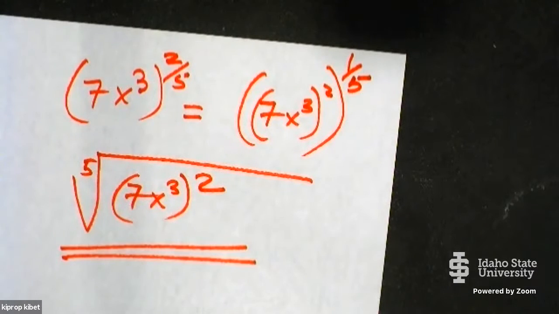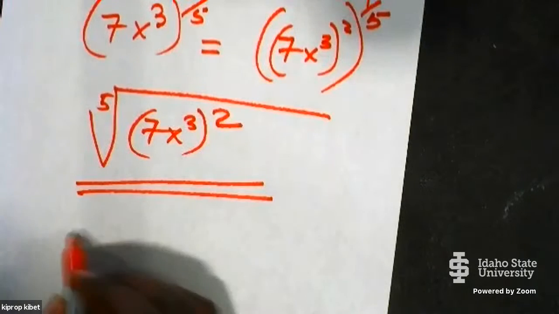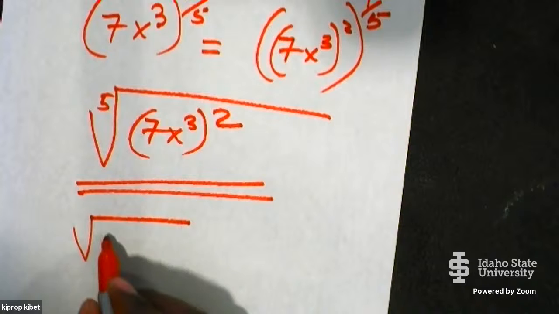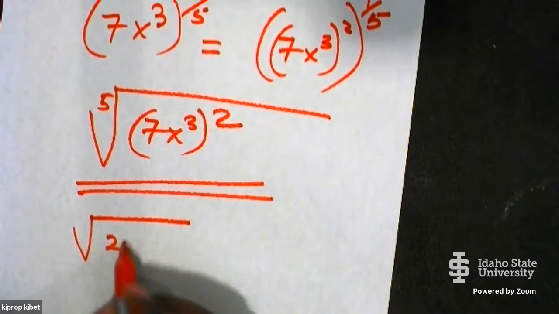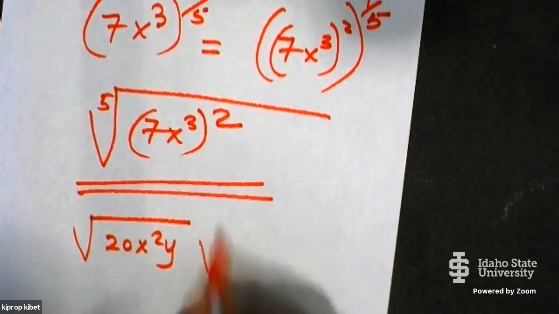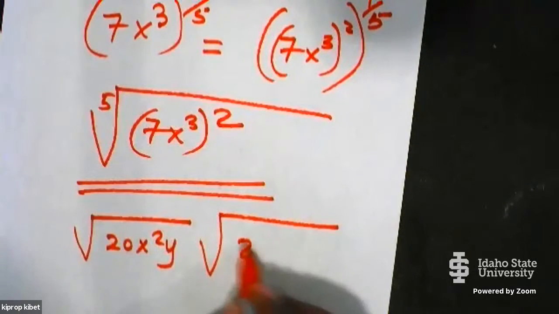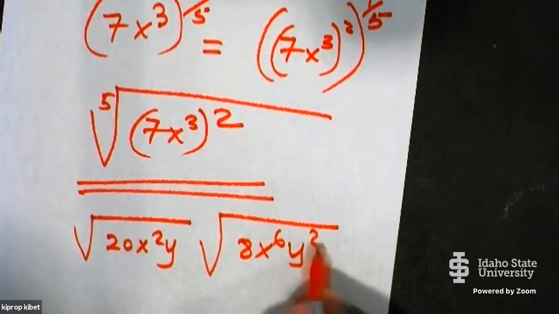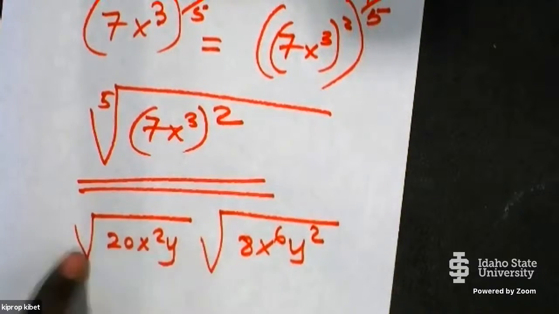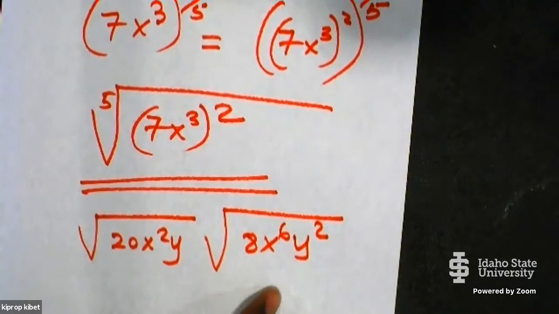Okay, number 18. I think I gave you something like this in your exam. So again, number 18, the square root of 20x squared y times the square root of 8x to the 6 y squared. So these roots are similar, so you can combine them.